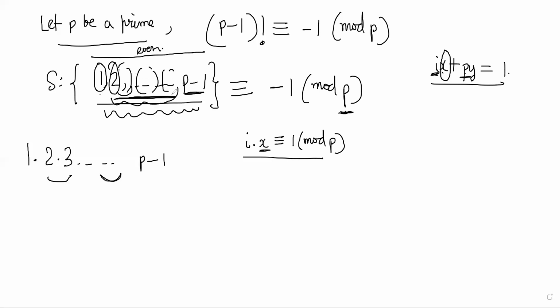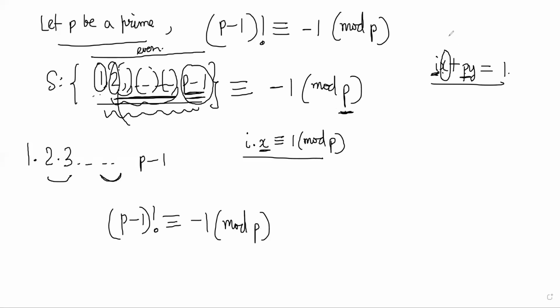Therefore all of these products become 1, and the only thing that will be left is 1 and P minus 1, which will be minus 1 mod P. So this is Wilson's theorem, that for any prime, P minus 1 factorial is always minus 1 mod P.